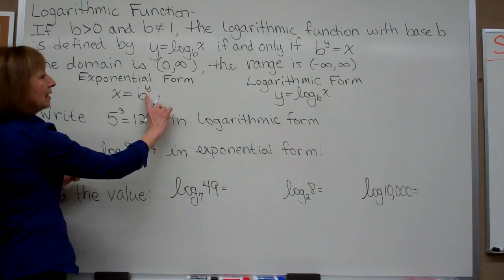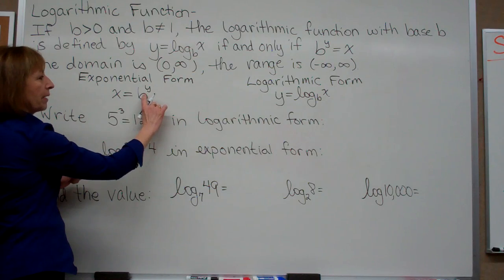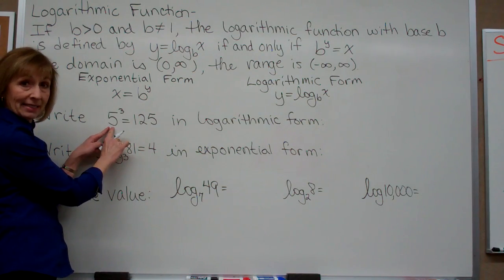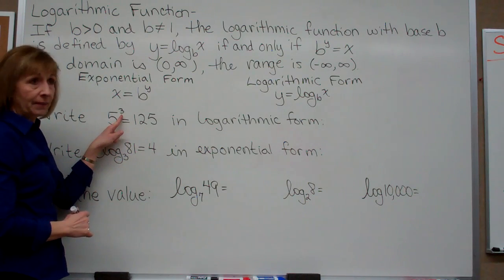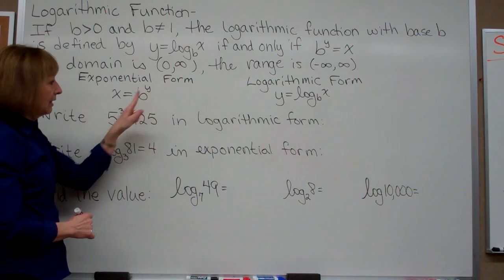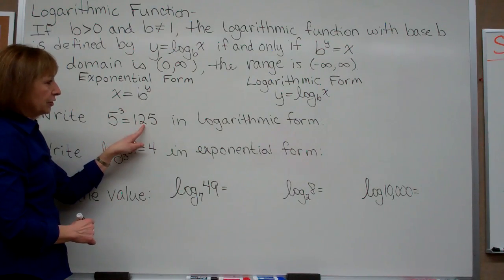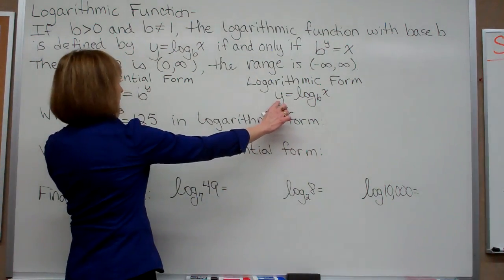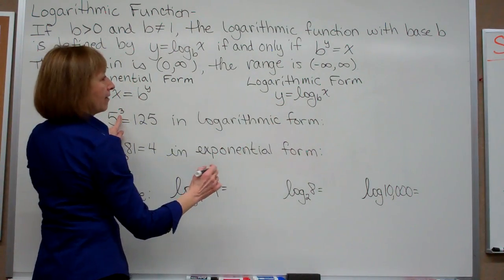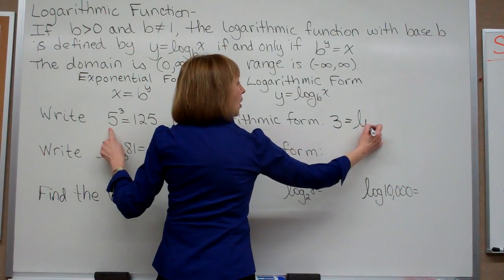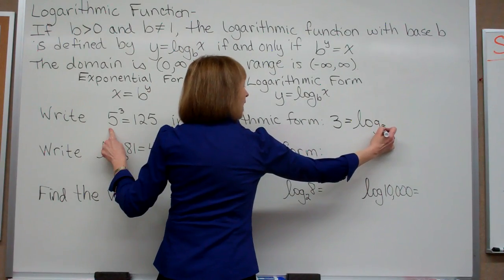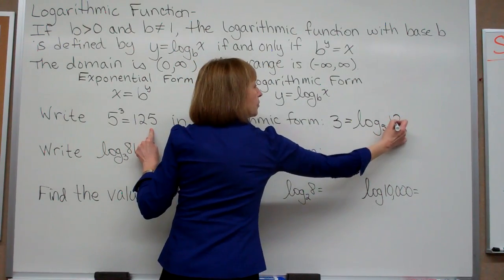On the side where I have a base to a power, my base is the b, my power on the base is your y, and then the value that it equals is your x. So when I come over here, I see that I have 3 is equal to log base 5 of 125.